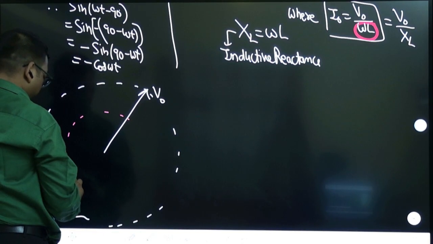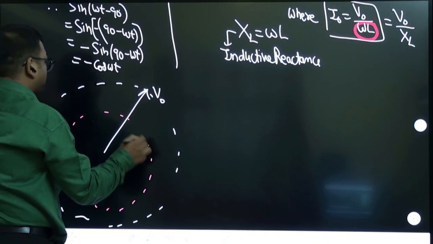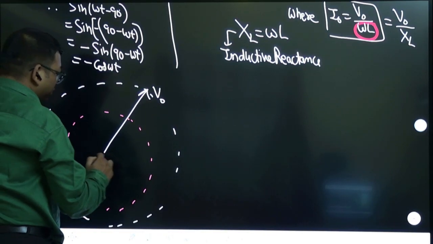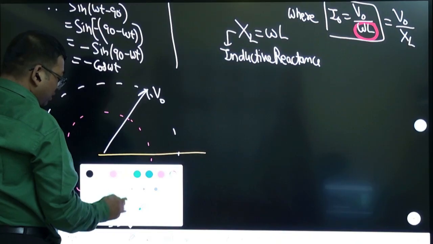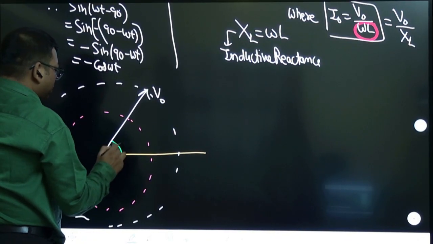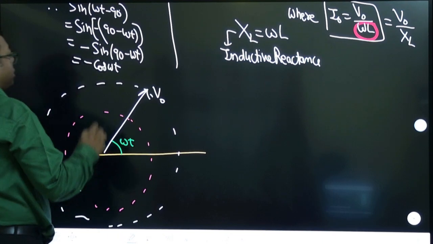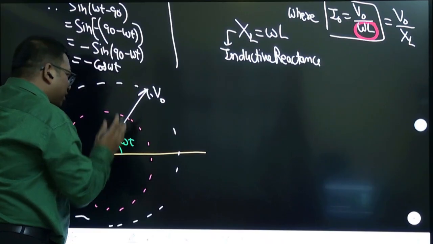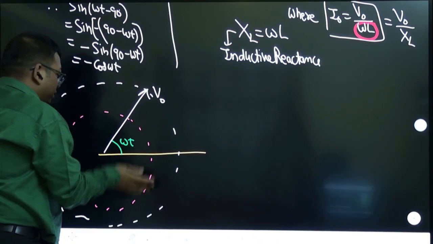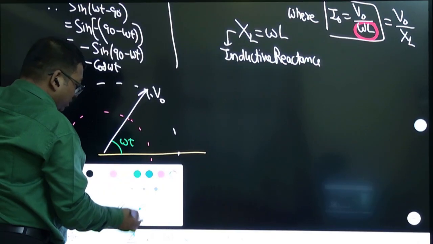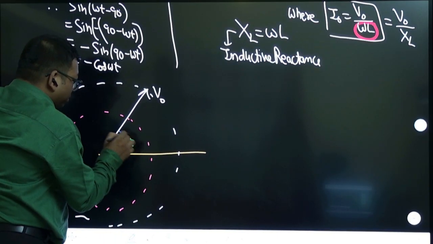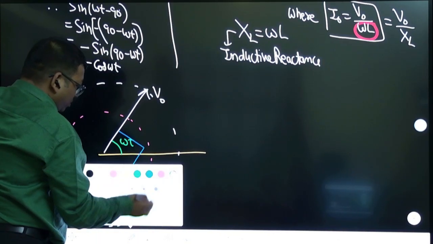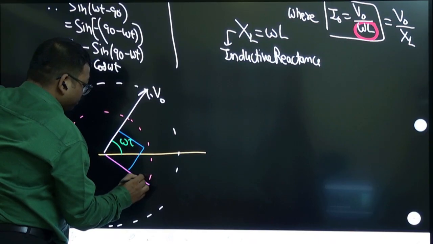If we take the horizontal line and this angle as omega t, then omega t minus 90 degree means you have to subtract 90 from omega t, so it will be 90 degree below. So here you will draw the current.